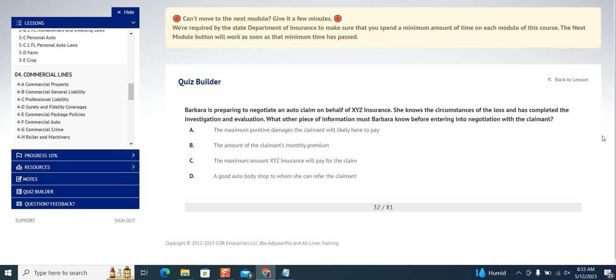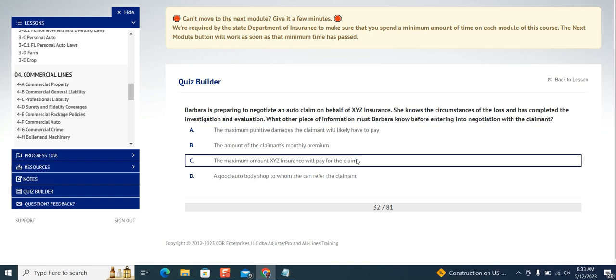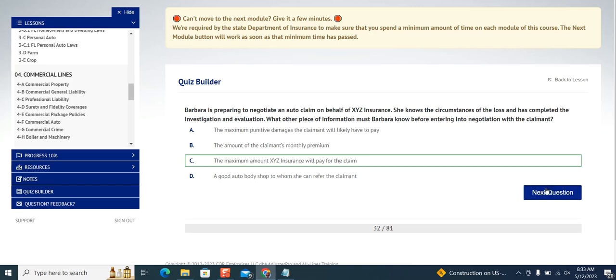The amount of claimant monthly premiums. Like an auto body shop she can refer. No, she isn't doing any referring. I don't think she needs to know how much they pay in monthly premiums. I'm going to have to go with how much the insurance company will pay for the claim.